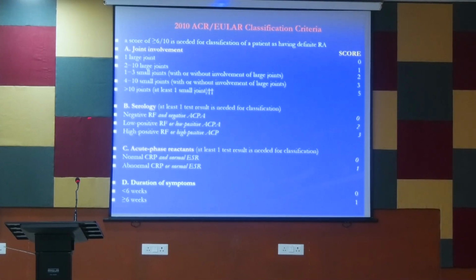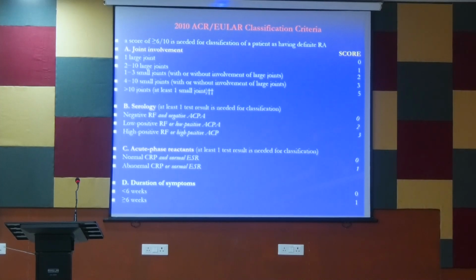Okay, serology: negative rheumatoid factor and negative anti-CCP is 0, low positive for both or any one of them is 2, and high positive is 3. So if 5 small joints are involved and you got a high positive RF or anti-CCP, this is 3 and 3 become 6.